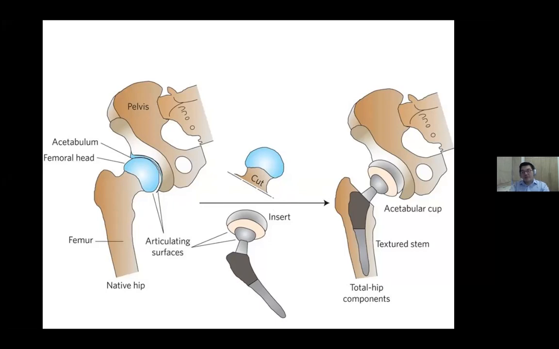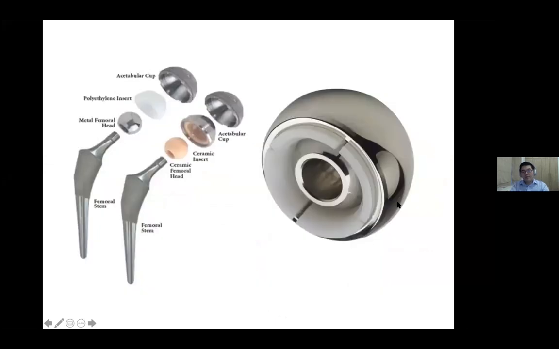In this case, just putting a head is not good enough. Normally, this part here also needs to be changed. So we will change it with another cup. So it's not only just the head which is changed, but also the cup is changed too. So these are some examples of what you can see over here. Most times they tend to be quite modular. You can see a cup with a plastic liner inside, or maybe even ceramic.